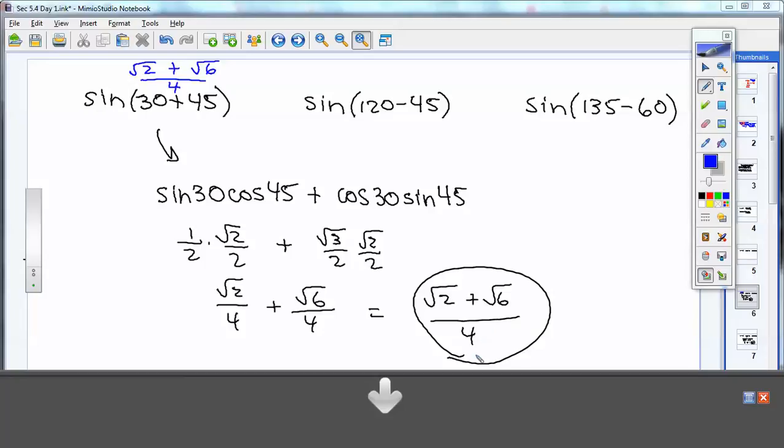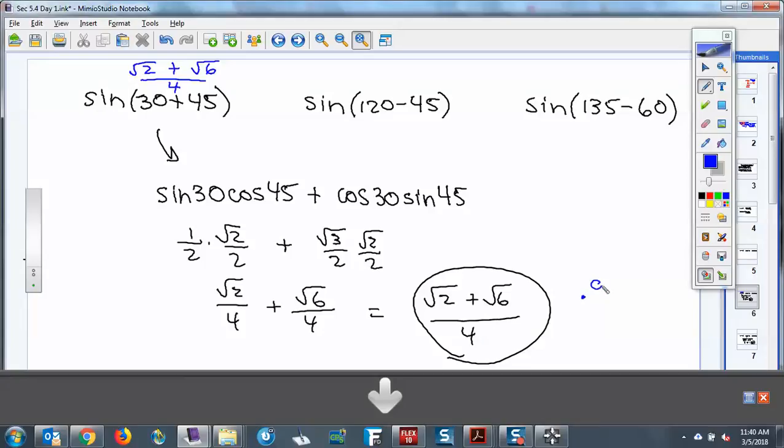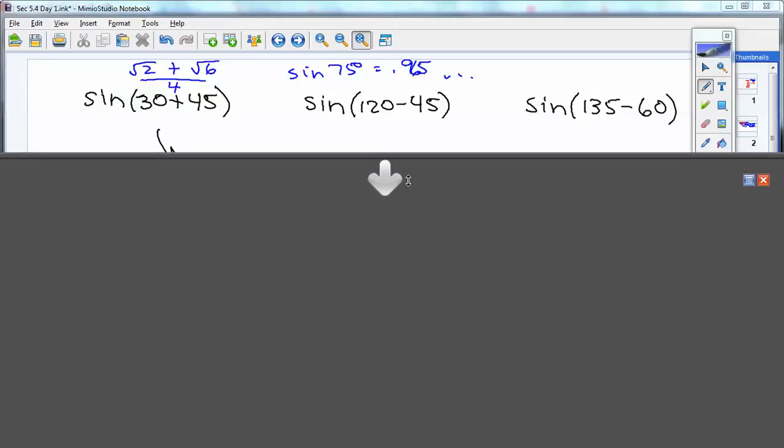Which is 0.95 something something. And if you do sine of 75 degrees, you will get the same thing. 0.965. Okay?